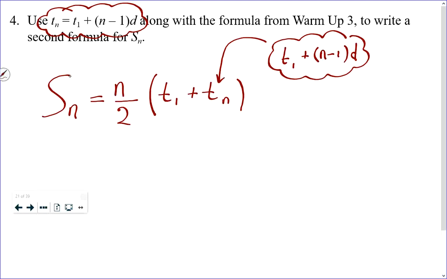And we get Sn equals n over 2 times T1 plus T1 plus n minus 1 times d.